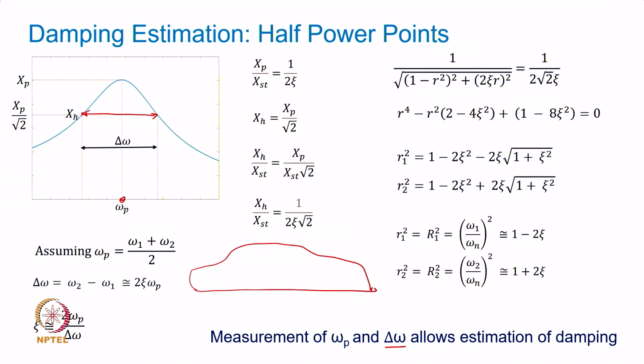So, the typical way in which such systems are excited is using large electrodynamic or many times hydraulic or pneumatic shakers. Those shakers are used to give excitation F e to the power j omega t, and then they measure the response. So, getting this curve itself can be challenging in some practical cases.